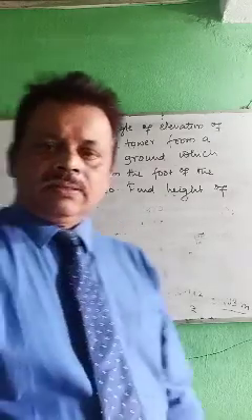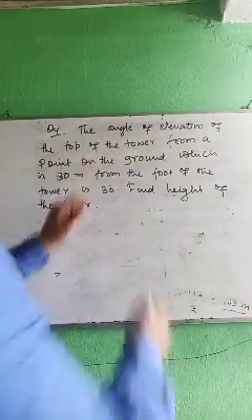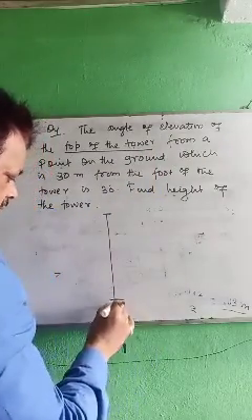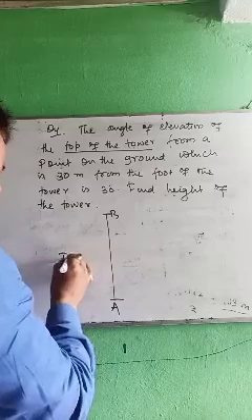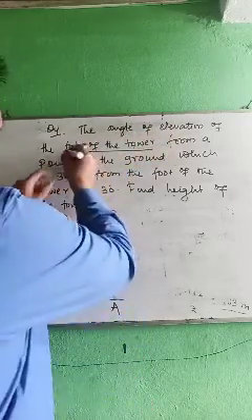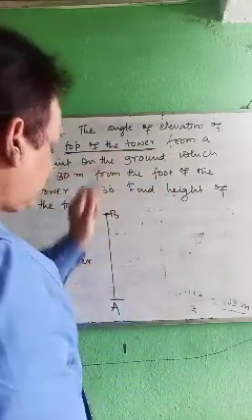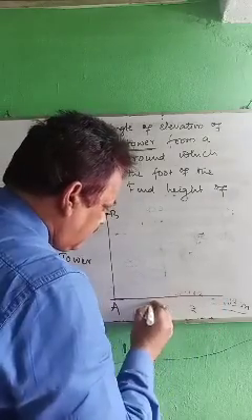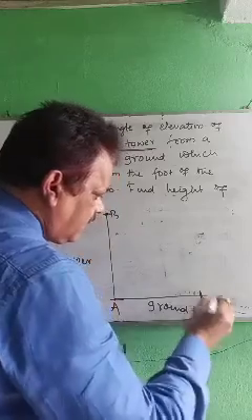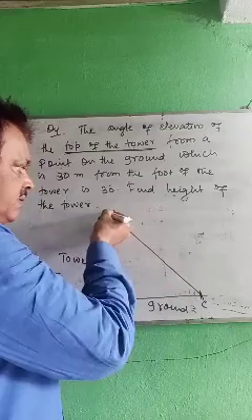Okay, so for that, look here. The angle of elevation of the top of the tower means you make a tower here first, AB is the tower. This is the top of the tower. From a point on the ground means take any point. This is your ground, and this is any point, suppose C. Elevation means you join like this to the top of the tower.